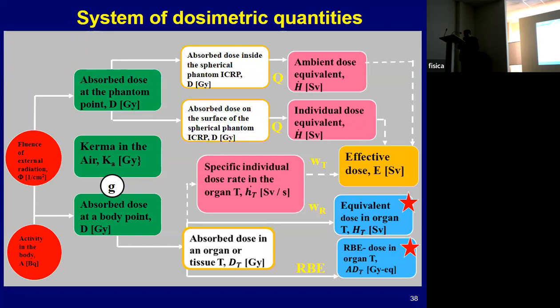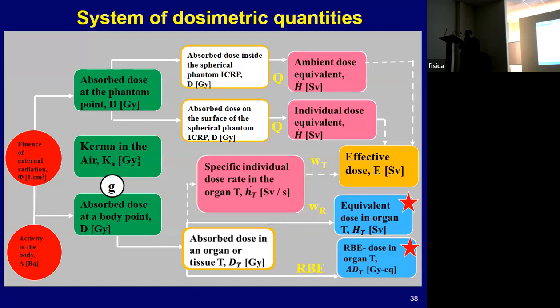Green color indicates basic dosimetric quantities, absorbed dose at a point and kerma in air. Blue color indicates the values for estimating the probability of developing radiation effects.